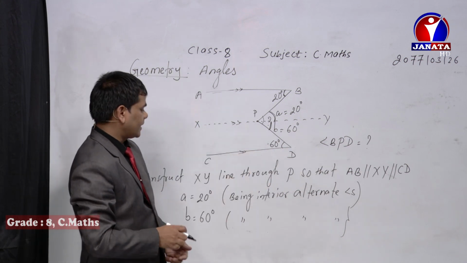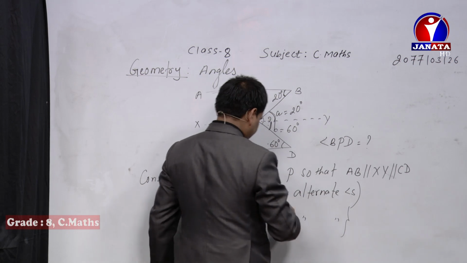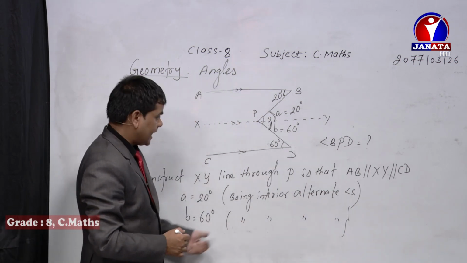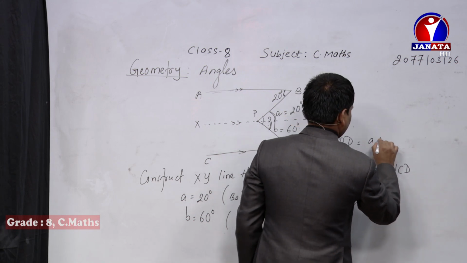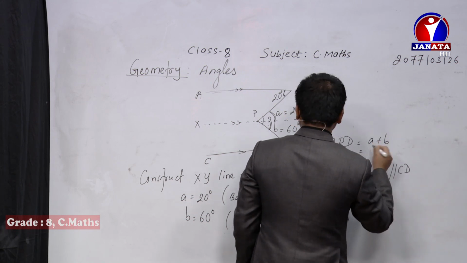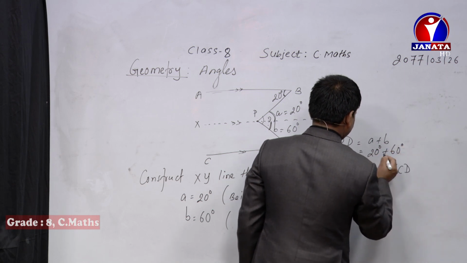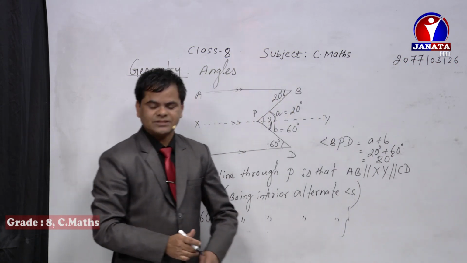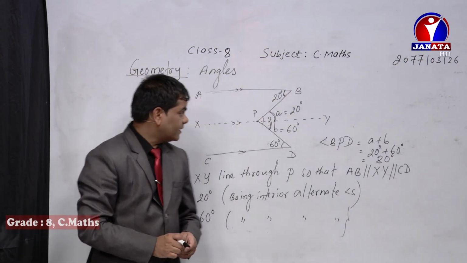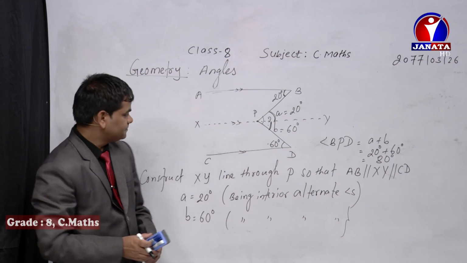Angle BPD equals A plus B. So A is 20 degree and B is 60 degrees. So altogether angle BPD becomes 80 degree. In this way you can find out the unknown values of the figure.